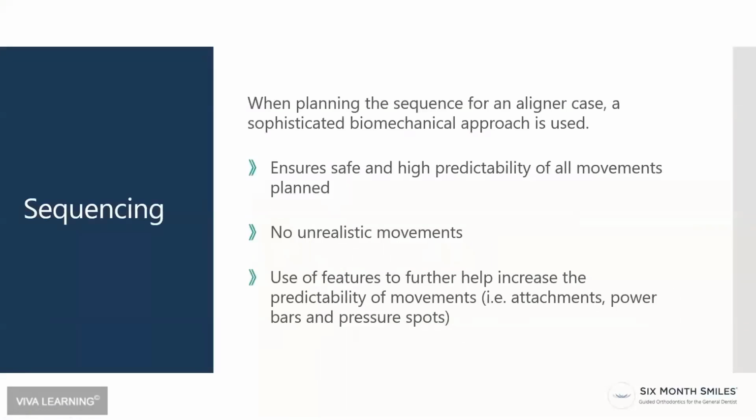When planning the sequence for an aligner case, a sophisticated biomechanical approach is used. We ensure safe and highly predictable movements are planned, no unrealistic movements, which is very, very important, and use of features to further help increase the predictability of movements like attachments, power bars, and pressure points.